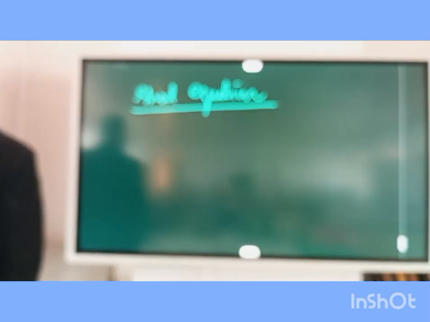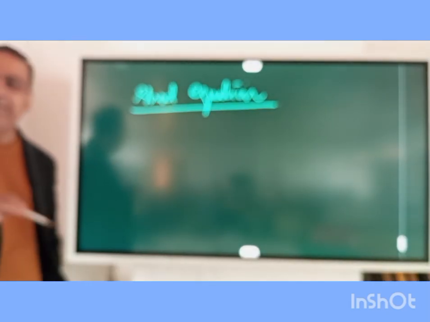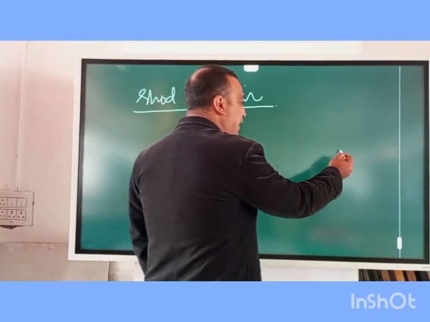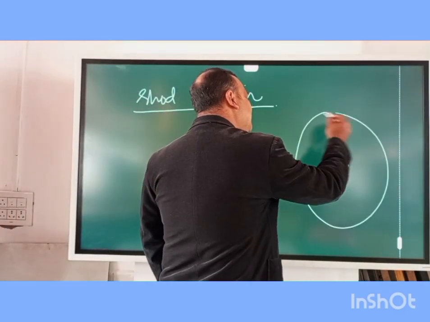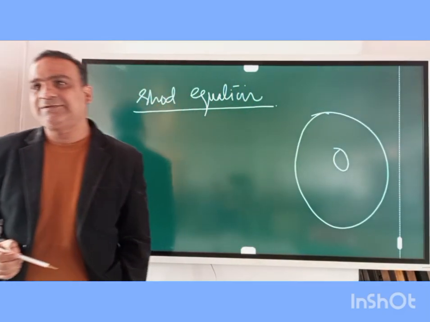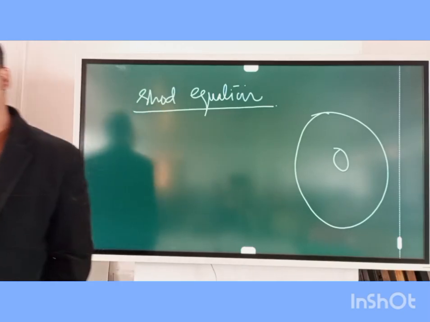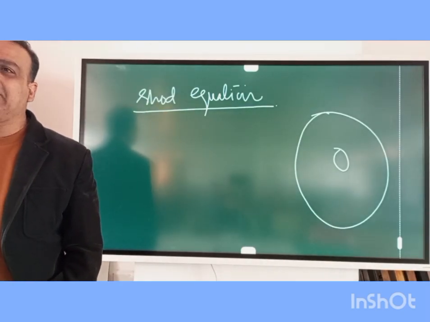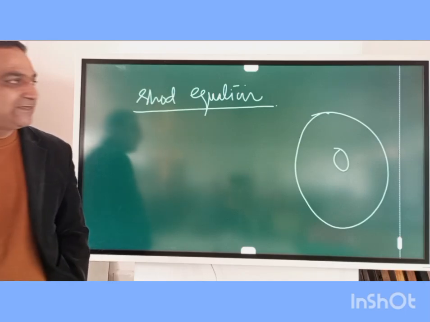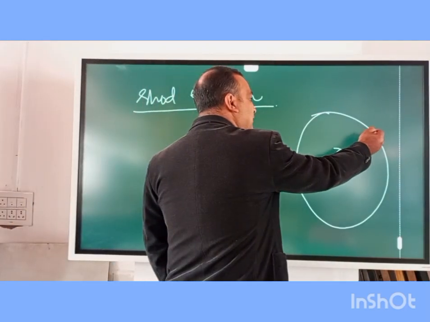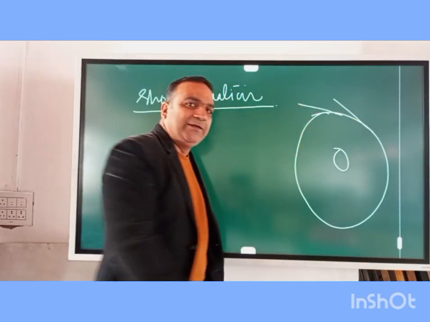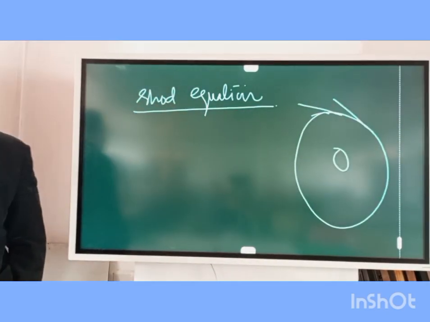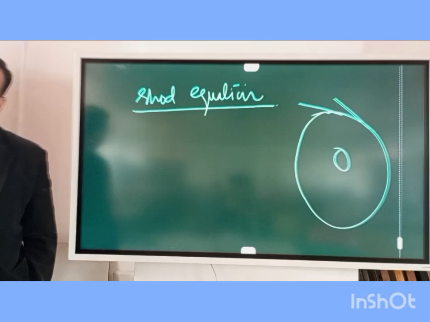The electron has a charge, so if it is revolving around the nucleus, it has acceleration, because the velocity of the electron changes at every point.